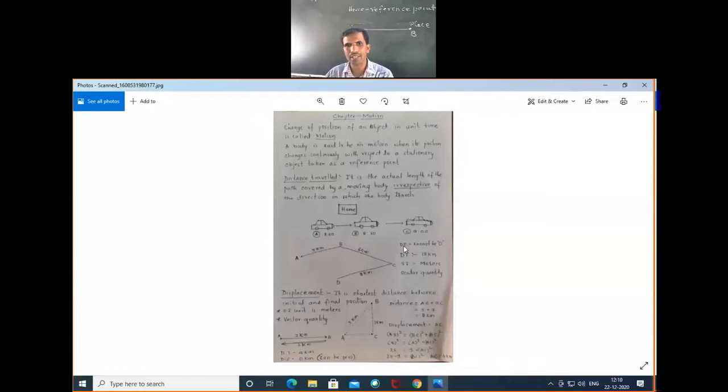Why I am writing this, you will understand when I tell the displacement. Understood? SI unit is meters. And it is a scalar quantity because it is having only magnitude. We do not tell the direction.